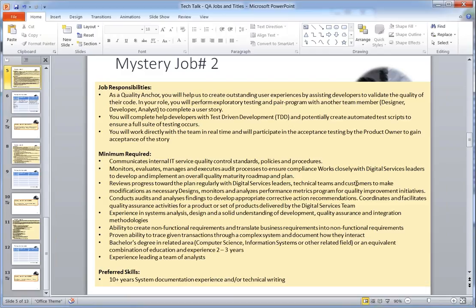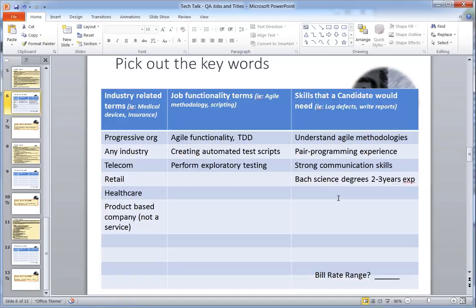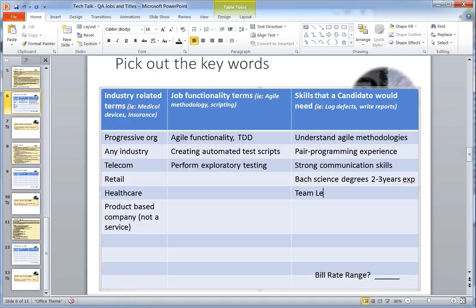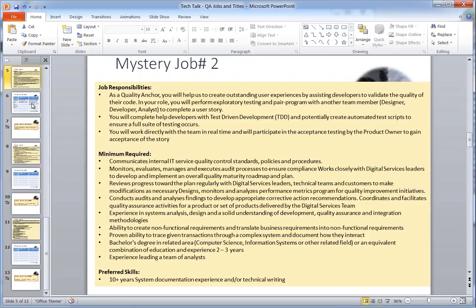That's it. Okay. How about team leadership? Okay. Documentation, technical writing. Yep.